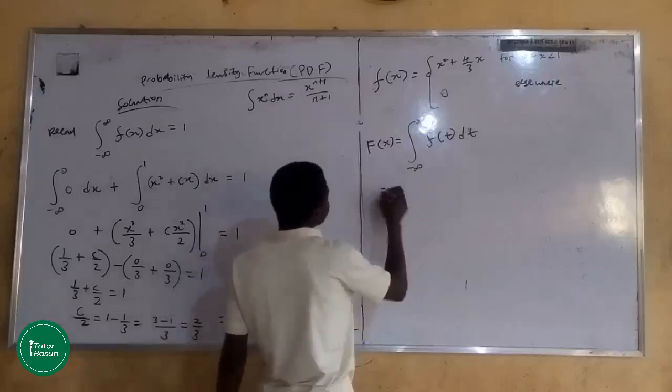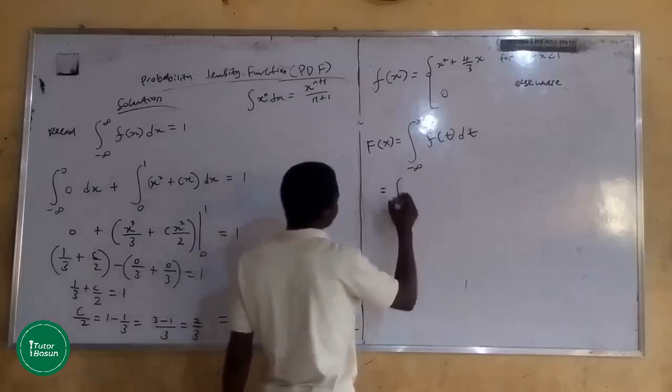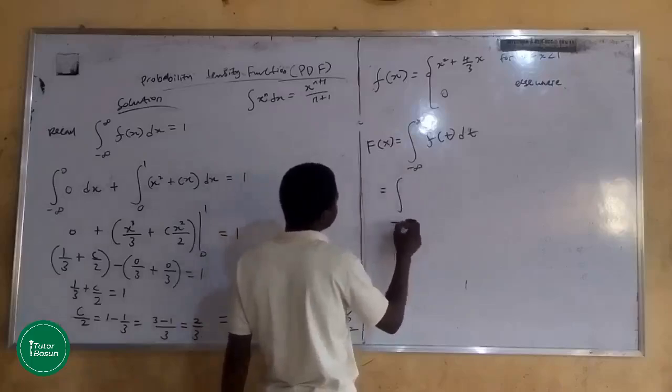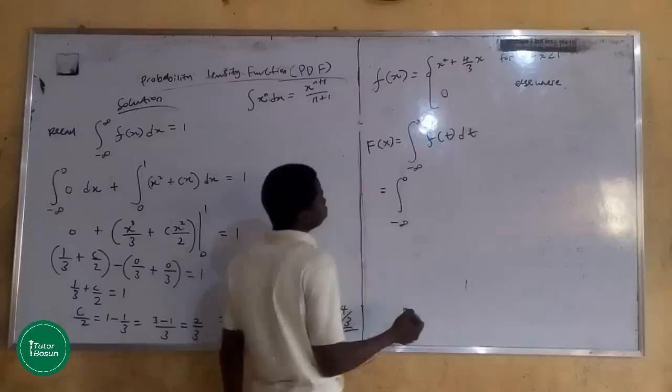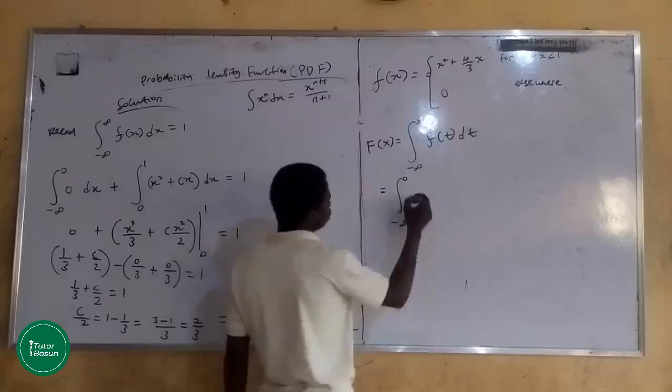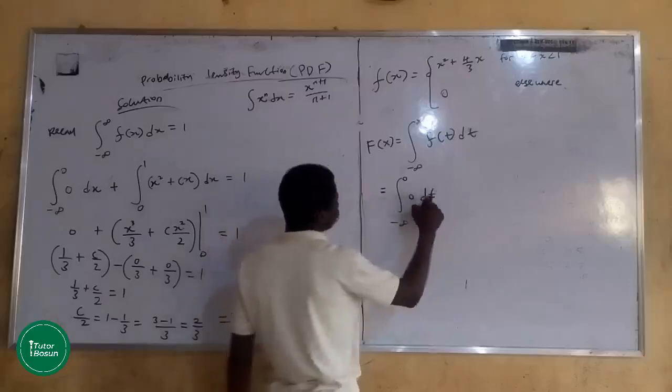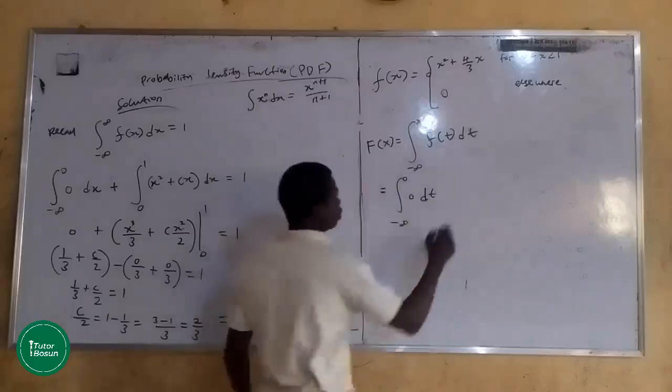So here, when we integrate from minus infinity to 0, that will be 0 dt. Don't forget, we are integrating 0 to t.